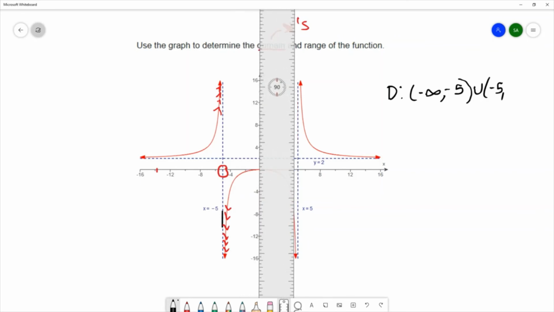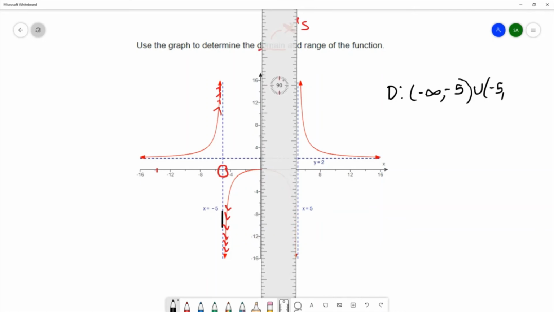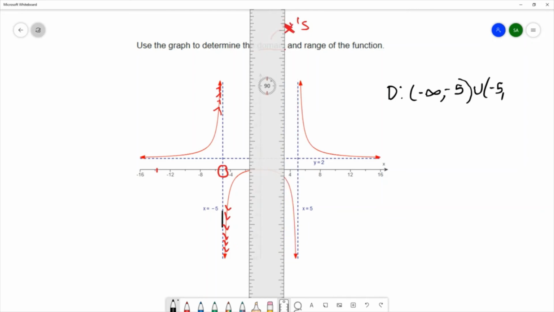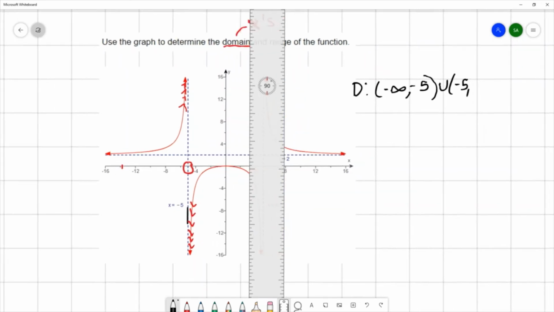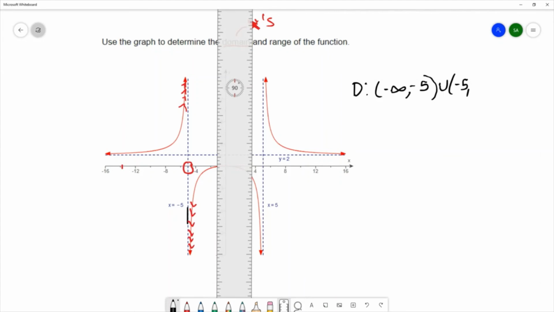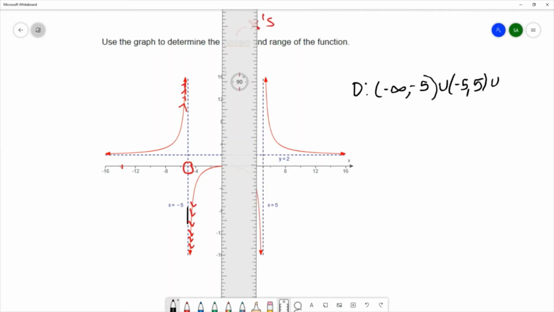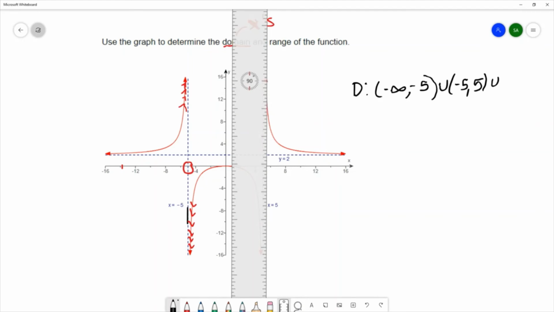Next vertical dashed line is another vertical asymptote, and that's occurring at x equals 5. So you're going to have another gap in the graph, another gap in the domain that happens at 5. But then immediately after that gap, you have the graph picking up again, so that gap is only a single point.